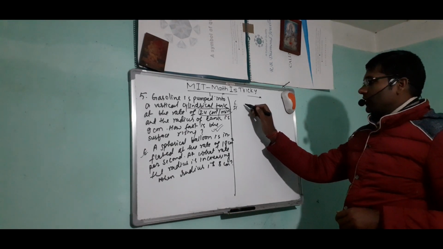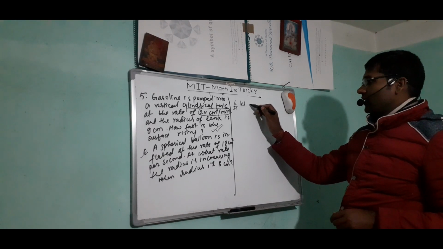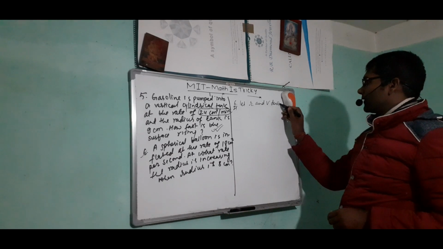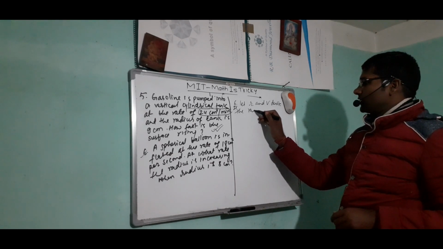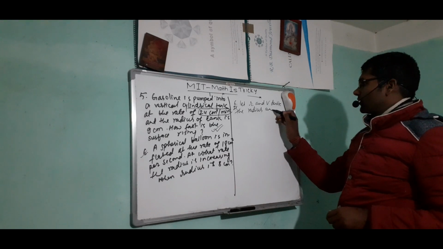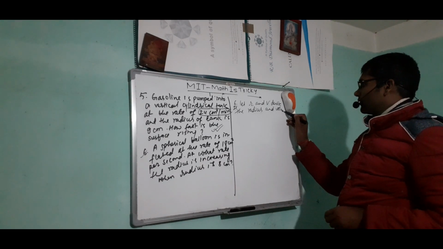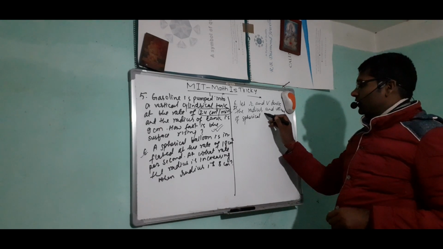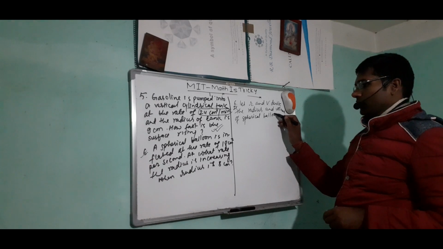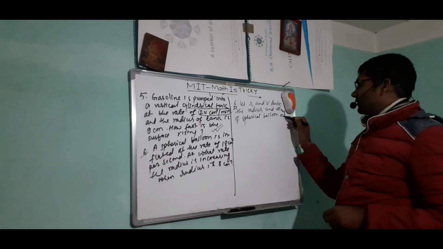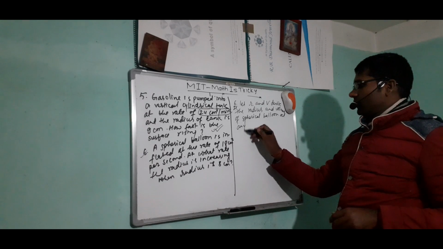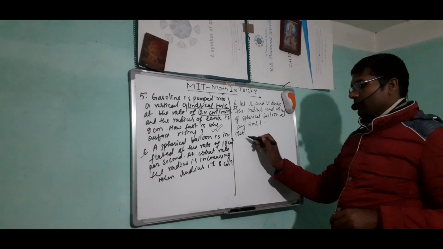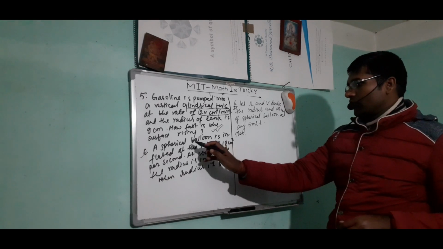So here, as before, we can suppose r and V denote the radius and volume of the spherical balloon. Then at any time t, a spherical balloon is inflated.